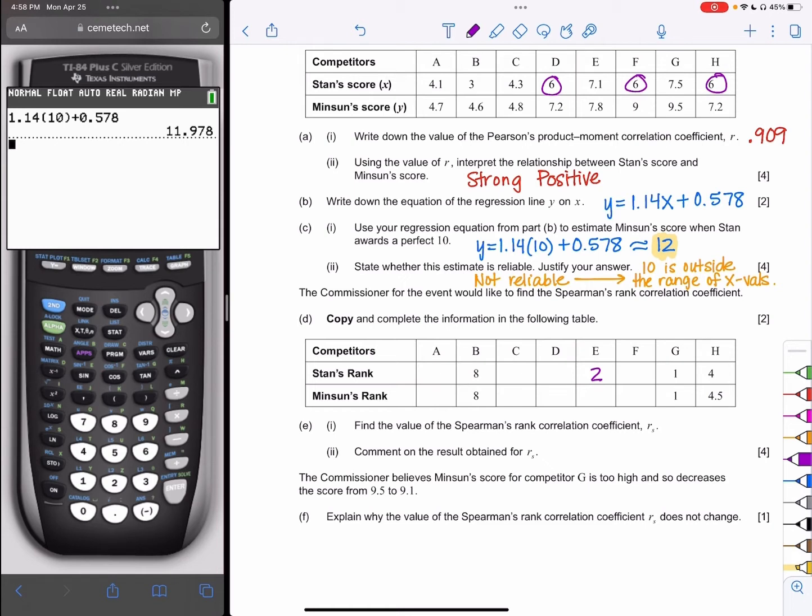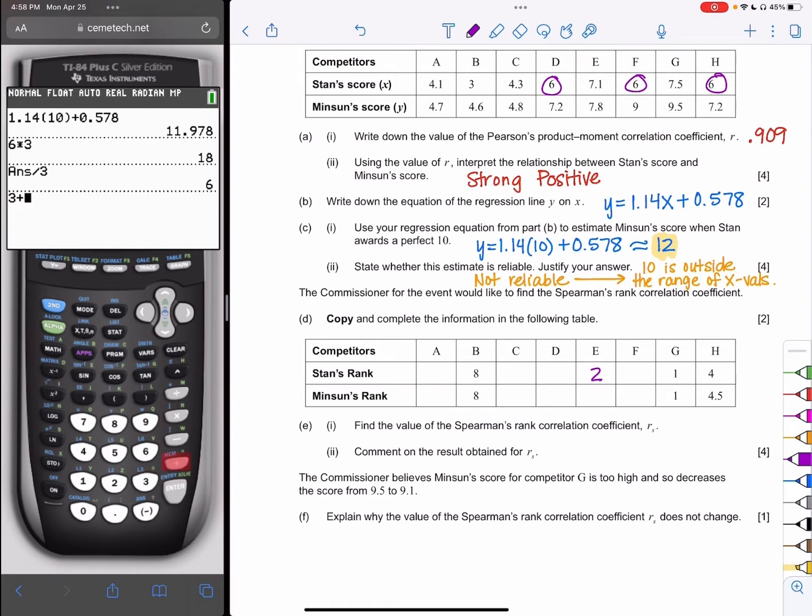The way we normally do that is we add them up and then divide.